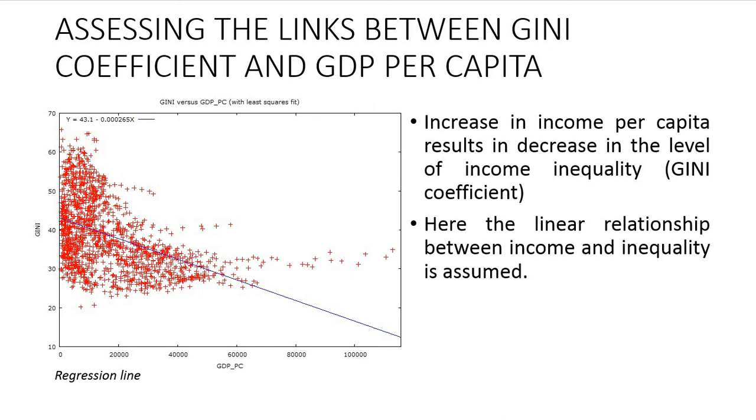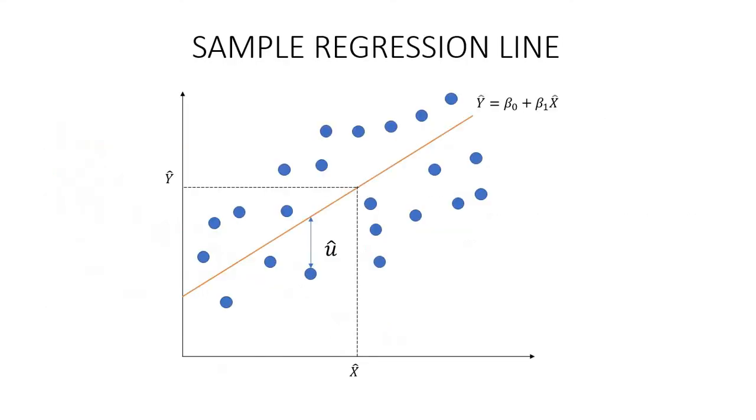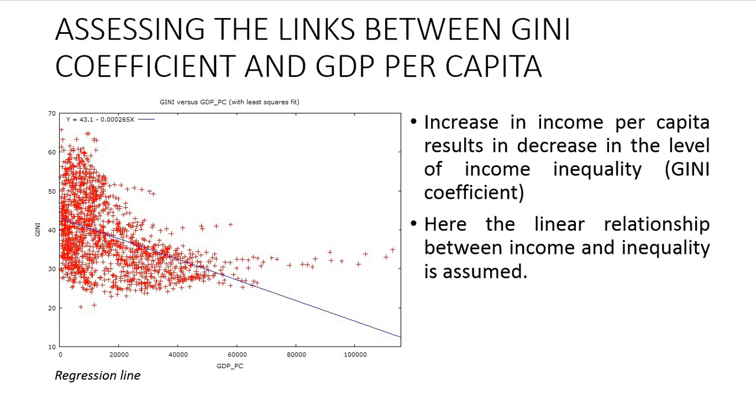So the results of estimation show that an increase in the level of per capita income results in a decrease in the level of Gini coefficient and consequently the level of income inequality, because a lower value of Gini coefficient means a lower level of income inequality. So that's why this regression line has a negative slope, in contrast to what we analyzed here. In this case, we assume a positive relationship between x and y, and in this case, it turns out to be negative.